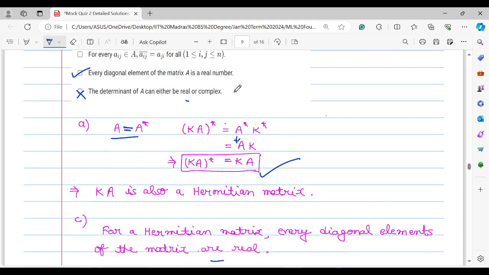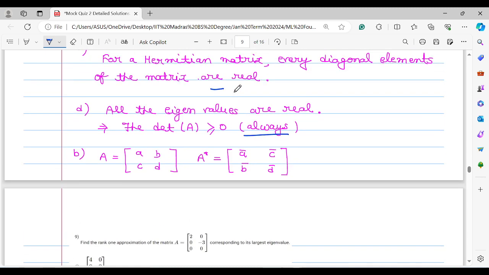And for option B, we have taken this matrix A B C D, some random 2 cross 2 matrix, and we have calculated A*, which is A conjugate, D conjugate, and B conjugate, C conjugate, because A* is nothing but the conjugate of A transpose.